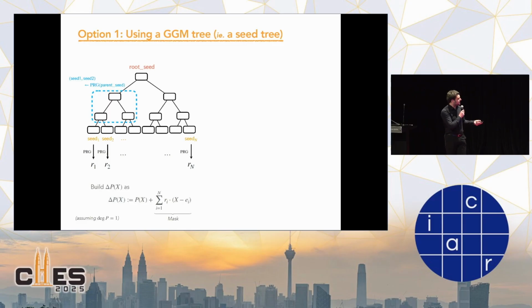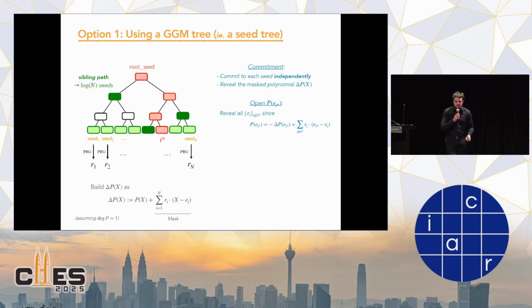This term, which involves all the R1, R2, will behave as a mask of P. So we will be able to reveal delta P. The commitment using a GGM tree simply consists of committing each leaf seed independently, for example by hashing them, and revealing the hash digests and the masked polynomial delta P.